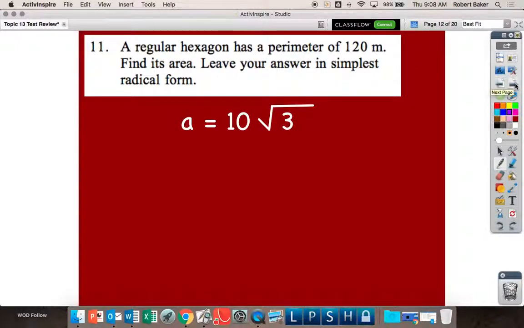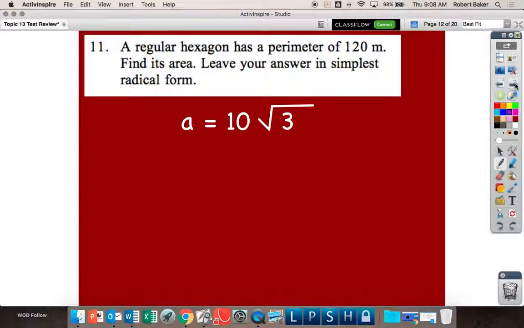And then here's this bad boy. Alright, dark red, nasty problem. It says a regular hexagon has a perimeter of 120 meters. Find the area, leave your answer in simplest radical form.